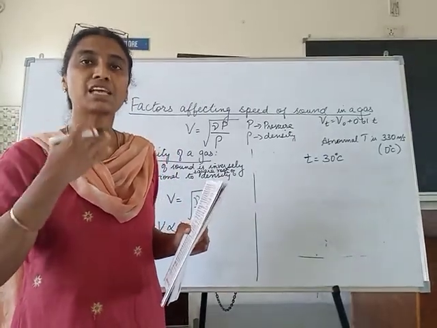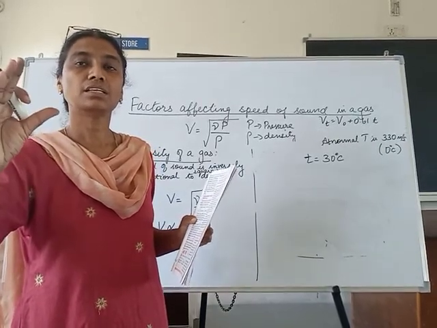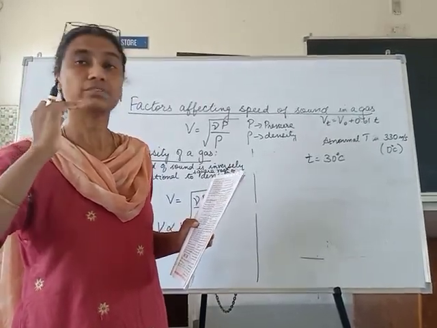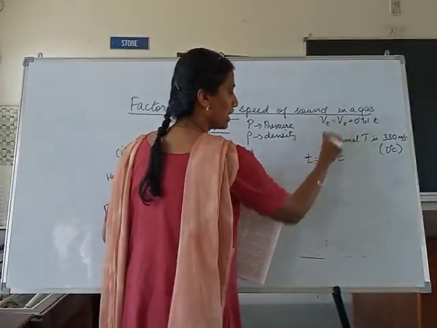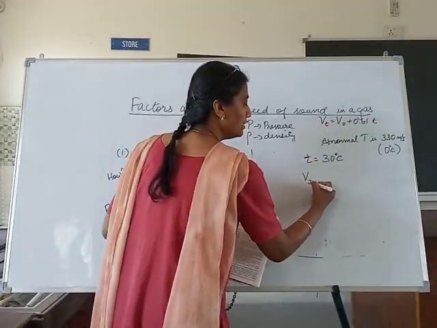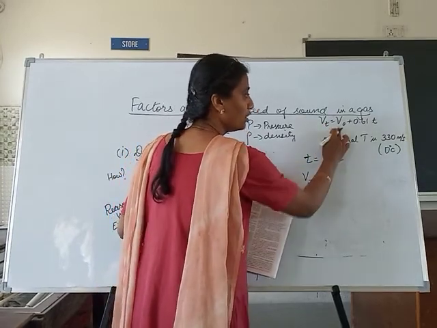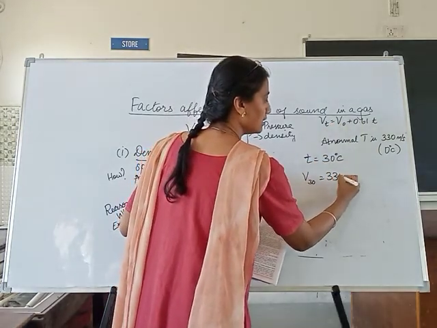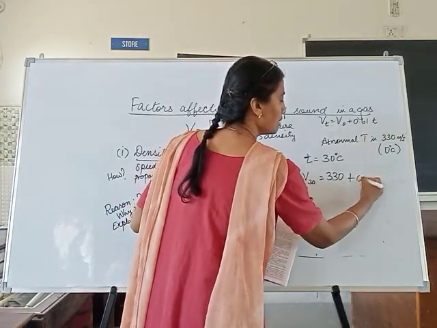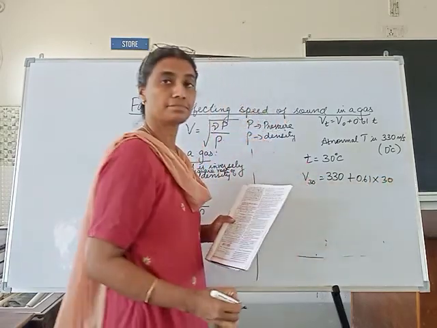In a gas means I am speaking in air; when I speak in air, that is also gas. So how do I calculate that? The formula: V at 30 degrees Celsius is equal to V naught, where V naught means speed of sound at 0 degrees Celsius, that is 330, plus 0.61 into 30.